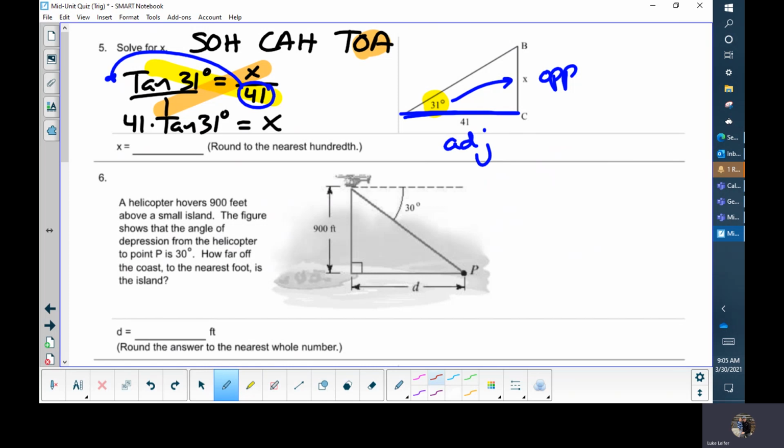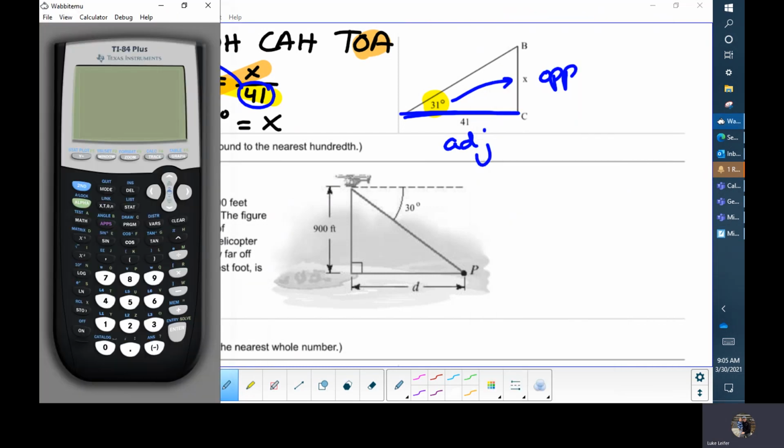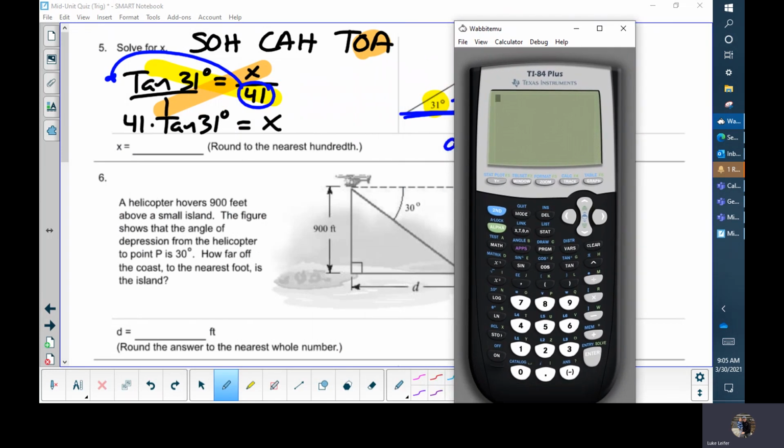Okay, now it's a calculator problem. Now, one issue is on my calculator, and whatever type of calculator you use, you have to be in the right mode. Let me move this out of the way so I'm not blocking my math. When I turn a calculator on, sometimes it's hidden. I have to be in degree mode because I see 31 degrees up there. Once you're in the right mode, you just type in 41 tangent of 31, and you get your answer.